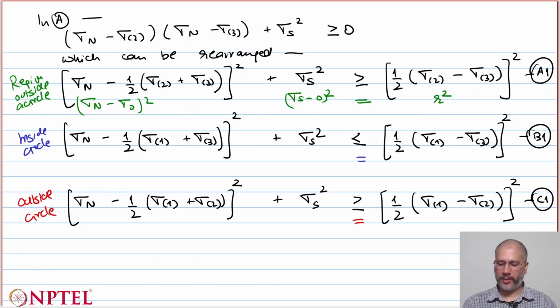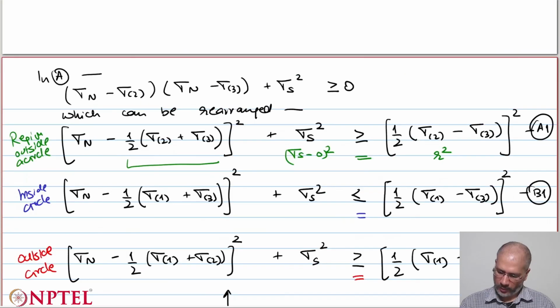So let us plot this region which agrees with all these three equations. For equation A1, we can see that the center of this circle is the point (sigma 2 plus sigma 3) by 2 on the x-axis, or the sigma n axis, and 0 on the sigma s axis.